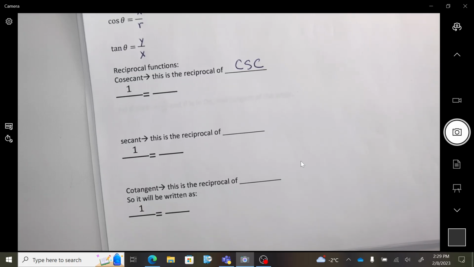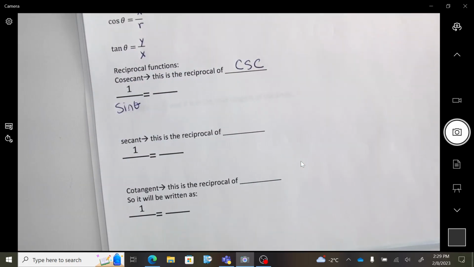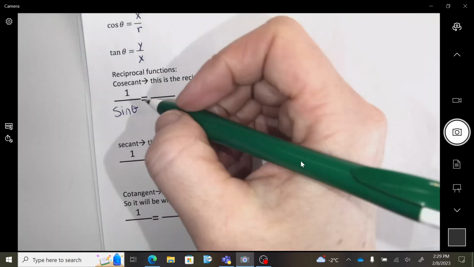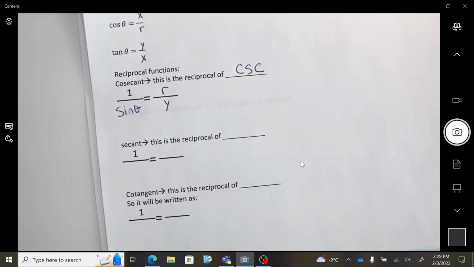Cosecant is me flipping the sine function, like putting it on the bottom. So what happens if I flip the letters of the sine? Go back up to here. Now this would be r divided by y.